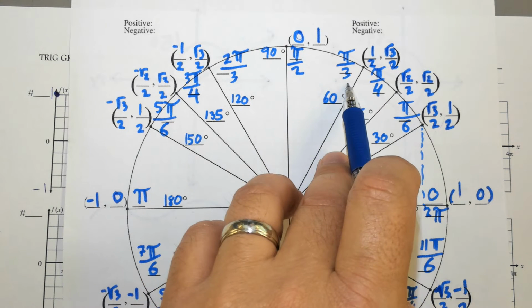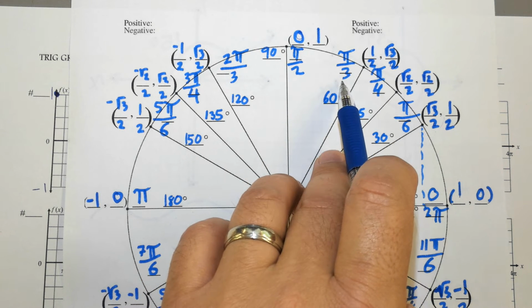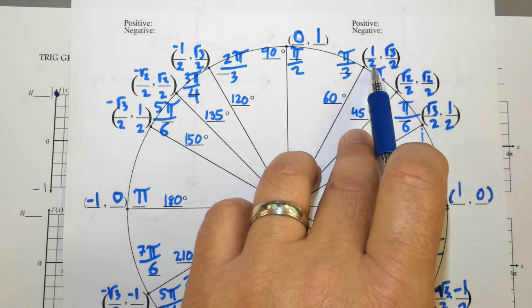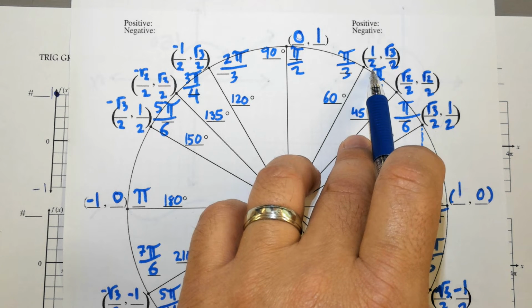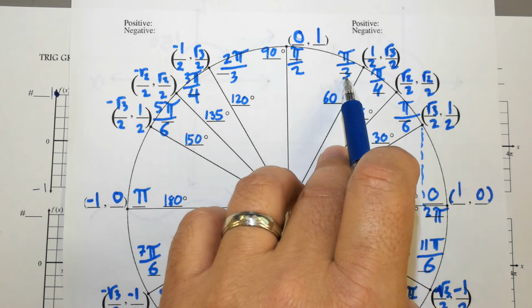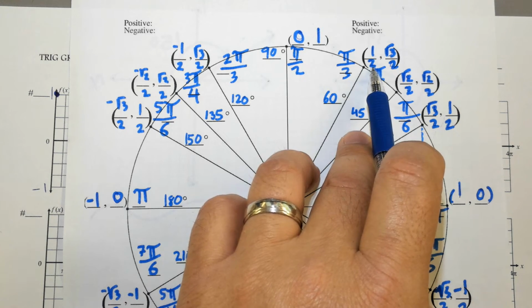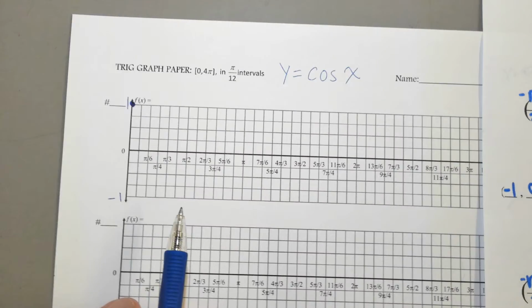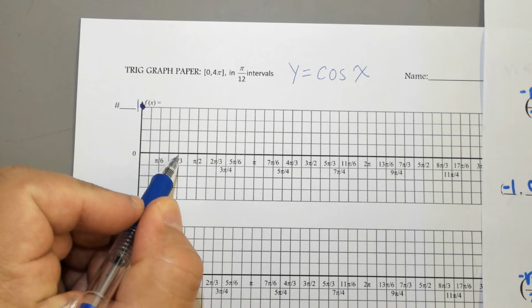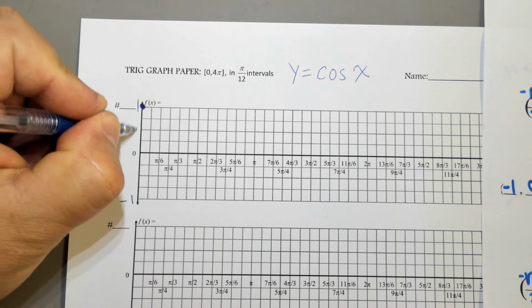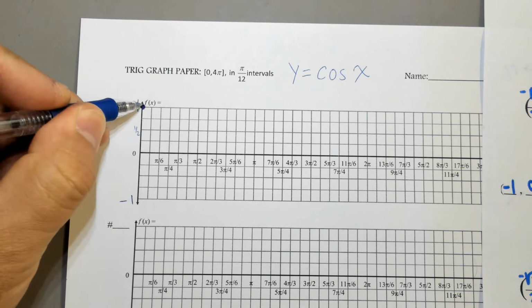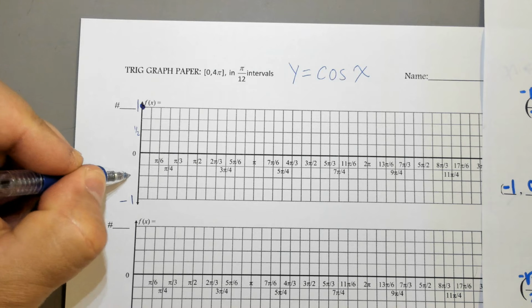So let's take a look at the next one. At pi over 3, we are at 1/2. This one we can graph by hand. So let's go to pi over 3 and plot 1/2. If this is 1, this is a half, half the distance to that, and then I'll put negative 1/2.